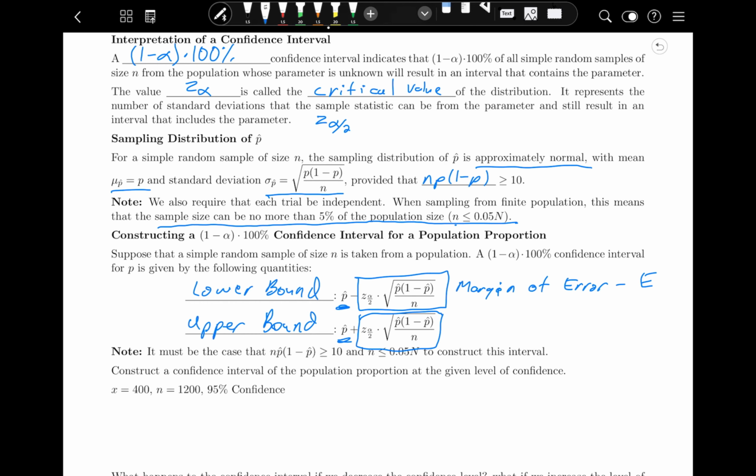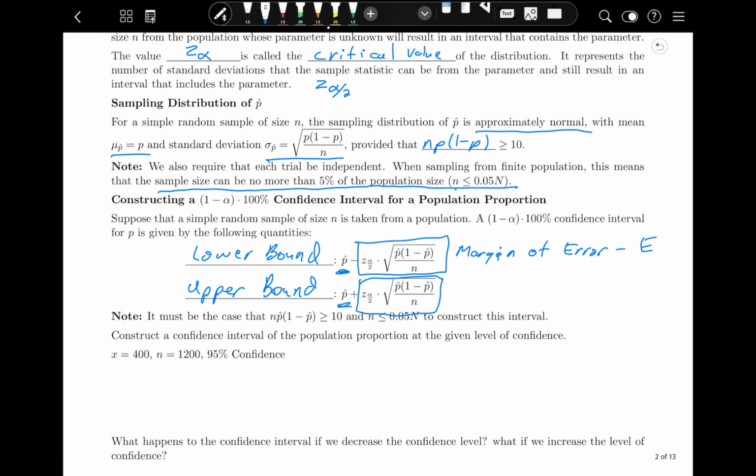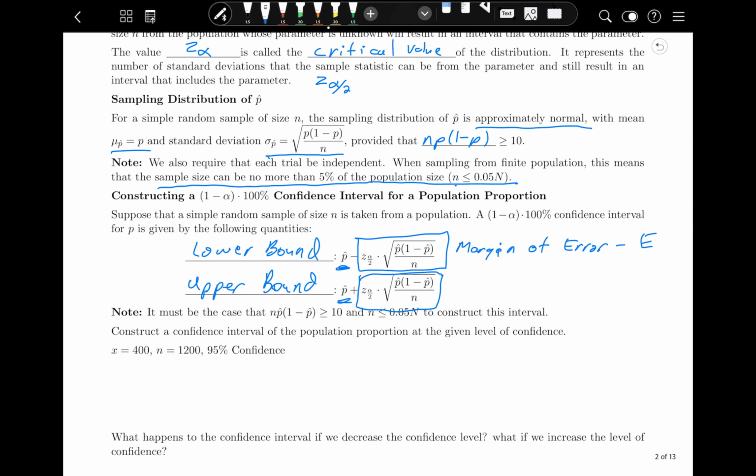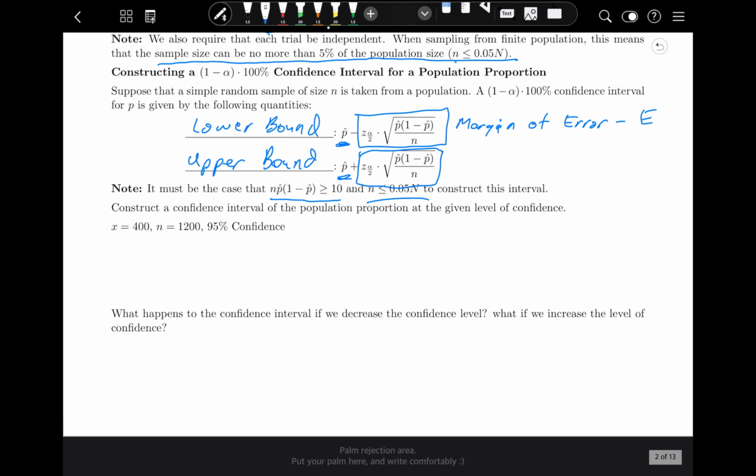And notice the margin of error is simply the critical value, the number of standard deviations away from the mean, times the standard deviation of the problem we're doing. So we're multiplying the number of standard deviations we want to be from the mean times the standard deviation of that problem. Okay. And once again, notice for this to work, these two things have to be true. n times p hat times 1 minus p hat has to be greater than or equal to 10, and n has to be less than or equal to 5% of capital N.